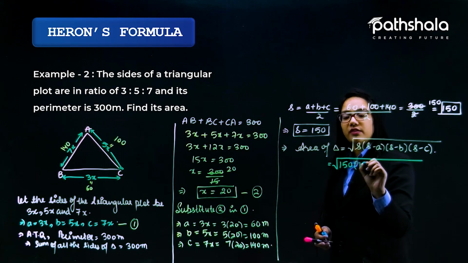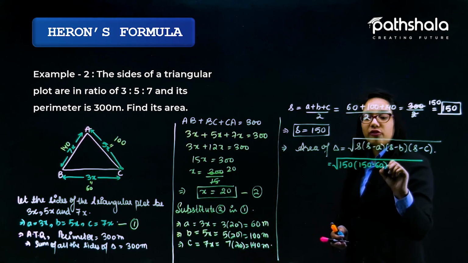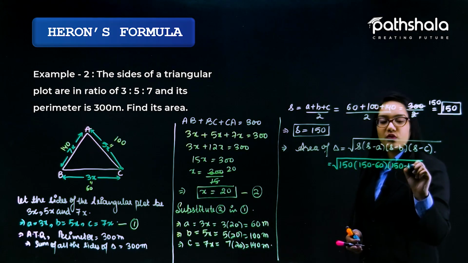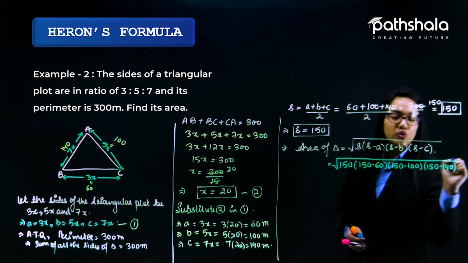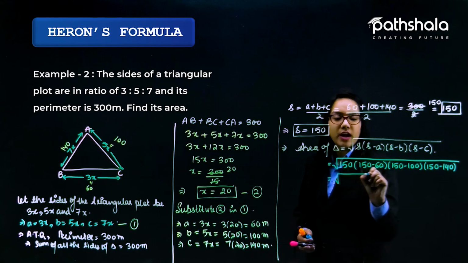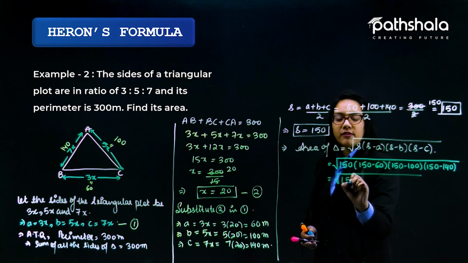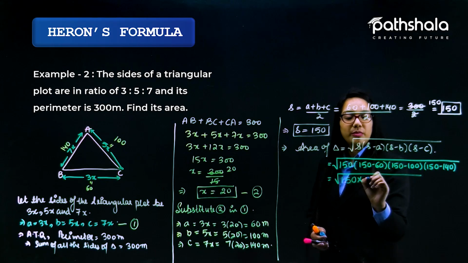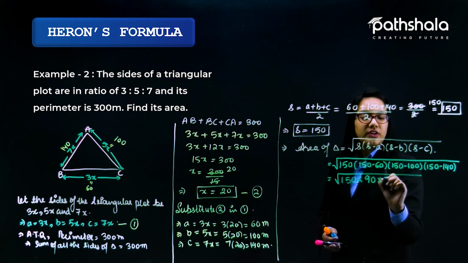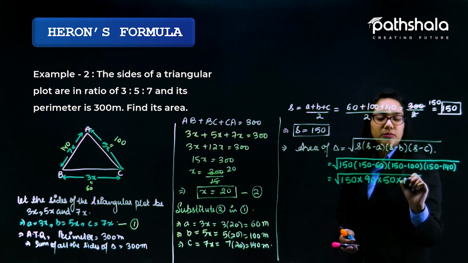Further we have 150 minus 60, which is 90, 150 minus 100, which is 50, and 150 minus 140, which is 10.